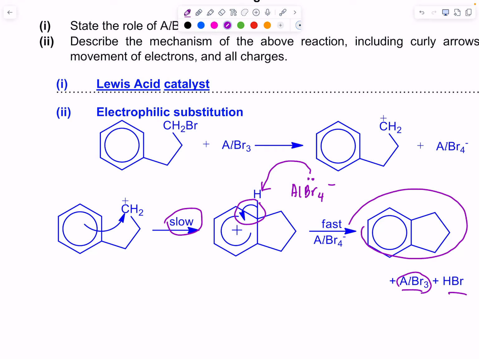Some of you draw the product but never balance out that the AlBr3 got regenerated. So that's why out of 4 marks, a lot of you, the average score is about 2 marks. 1 mark for being able to say that this is electrophilic substitution, the other mark to show the generation of the electrophile. Okay?